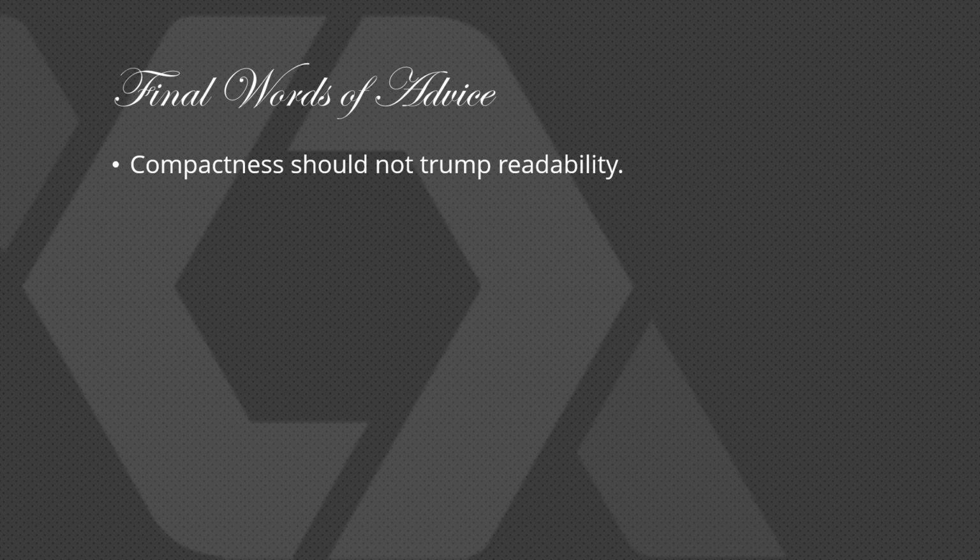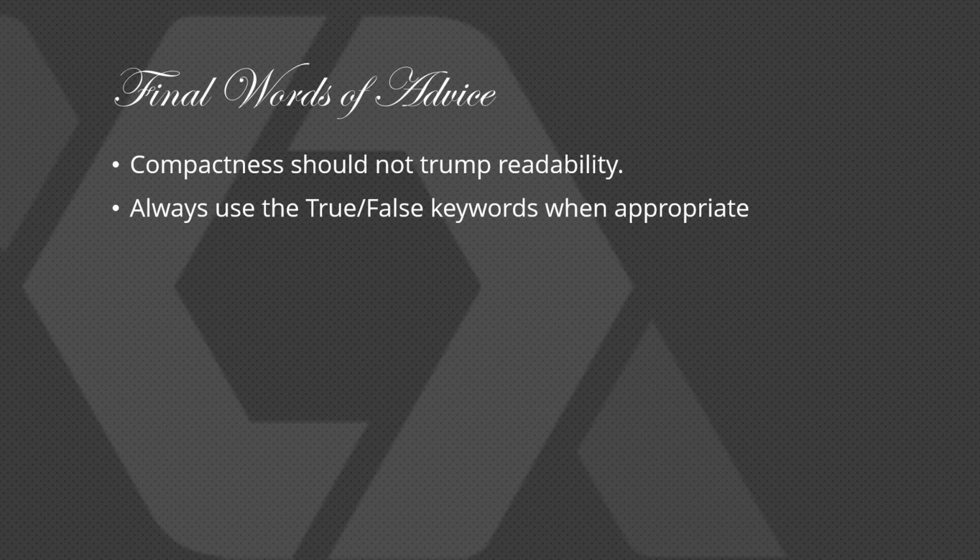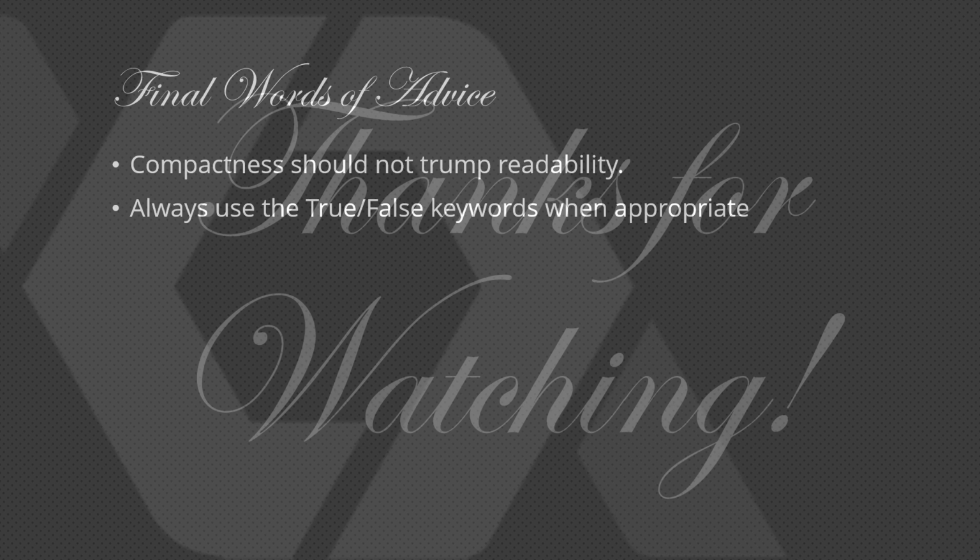As always, your code should be easy for you to read and work with, and being more comfortable with your code is always going to be more important than making it more compact just for the sake of reducing your line count. And one more word of advice. Even though technically Boolean values are numbers, I don't recommend using them interchangeably. Use the keywords provided by GameMaker as they are appropriate. This will help keep your code precise and readable.